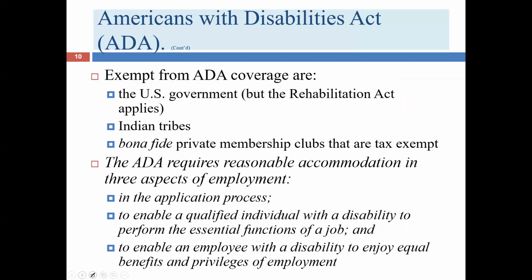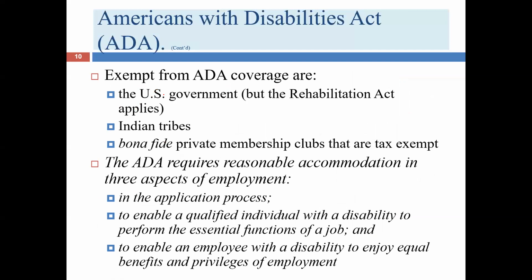Okay, so who is exempt from the ADA? Well, the first group is the U.S. government. And this makes sense because the Rehabilitation Act is still in effect. Now, as I said before, the Rehabilitation Act primarily covers the same things that the ADA covers, and so there really aren't too many differences.